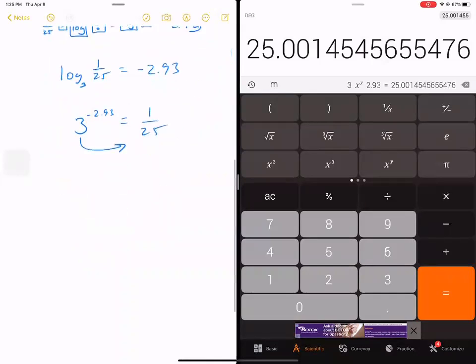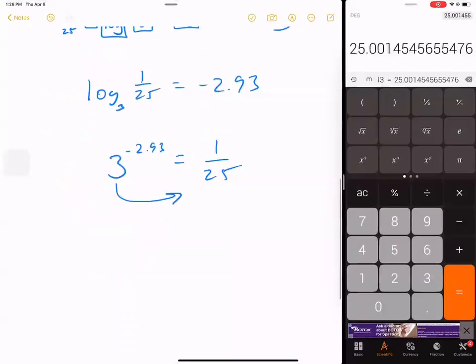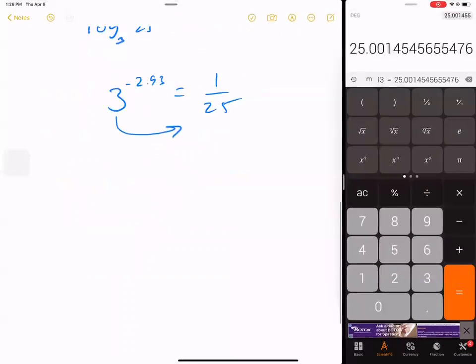Okay. Now, here's another problem that looks like it could be a lot of work. So ln natural log of e to the 6 minus 1 over 2 natural log e to the 6. Okay. Now this problem is a little tricky. Now I would like to remind you a couple things.